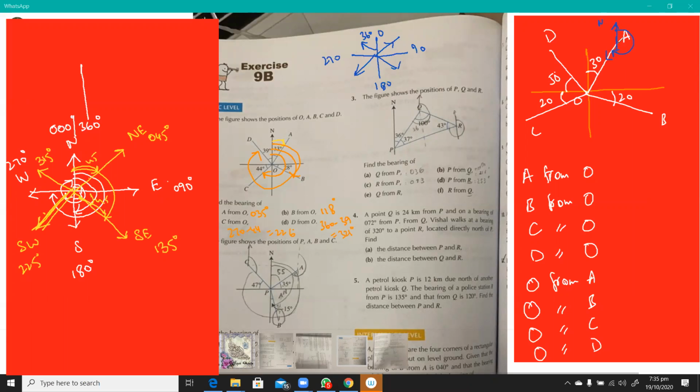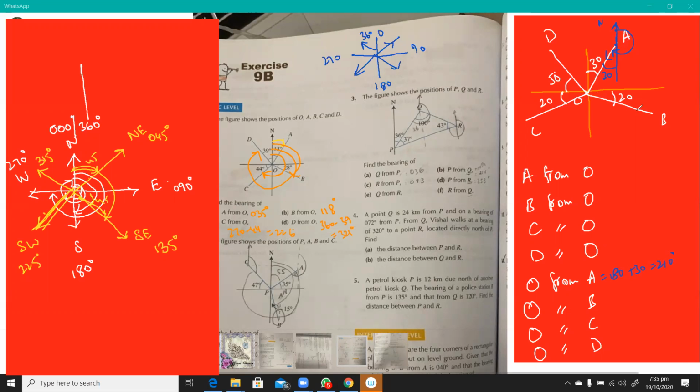If you just extend this line, if this is 30, this angle is going to be 30 degrees. So the bearing of O from A is going to be 180 plus 30. So that is 210.